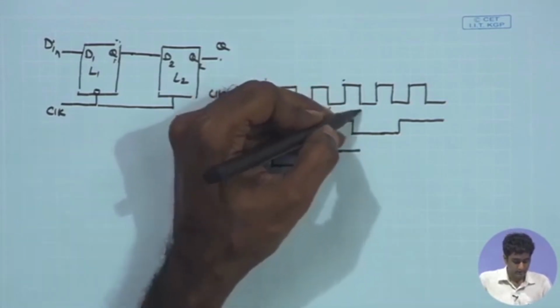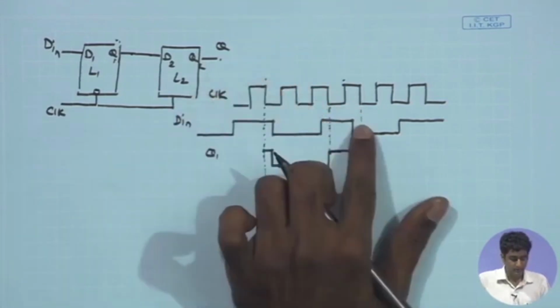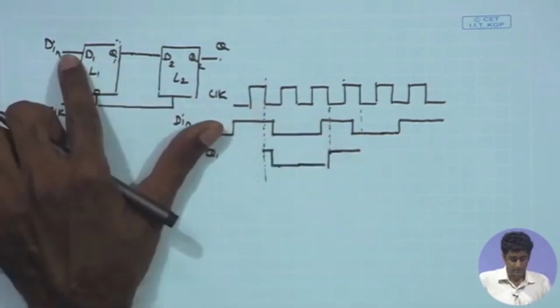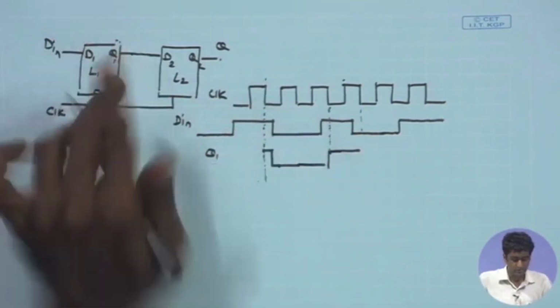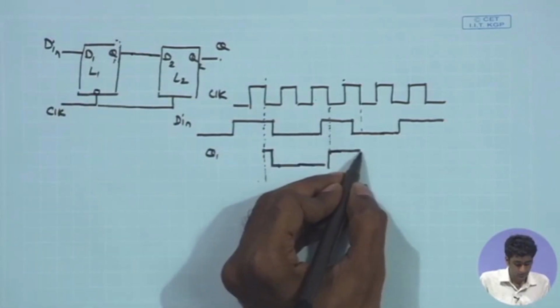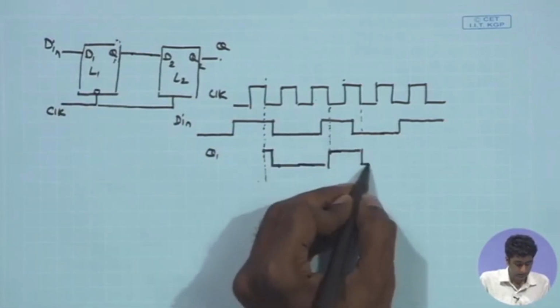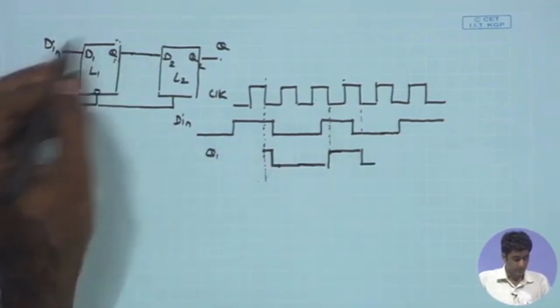Again, when the next negative phase of the clock comes, the D in has changed. As a result, once again the low value of D in will be copied to Q1. Therefore, at this point, once again you have the Q1 going low.